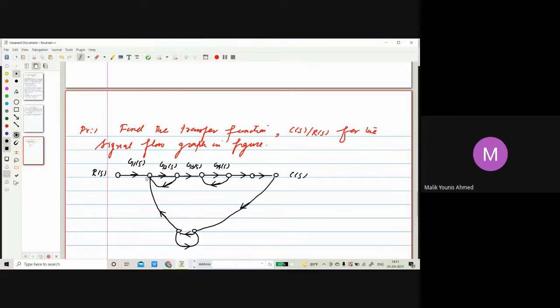Just a second. Oh, this is wrong here. This is G5 of S. Actually, this is not here in the question. We'll just try it again. This is like this.